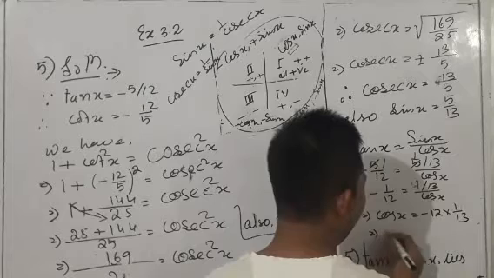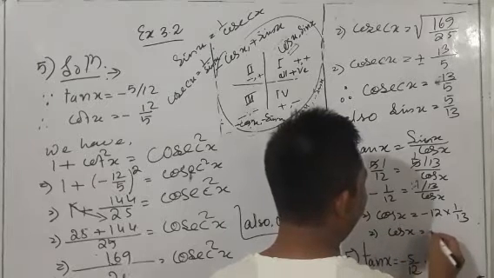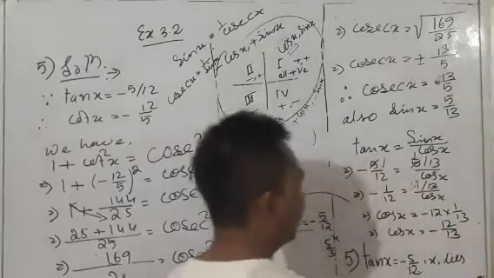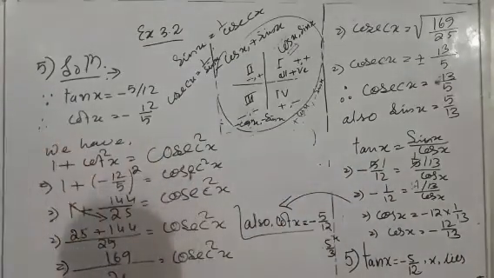So your cos x equals what? Minus 12 by 13. Okay? Minus 12 by 13. So my dear, before rubbing it, please pause the video and write it down, please.